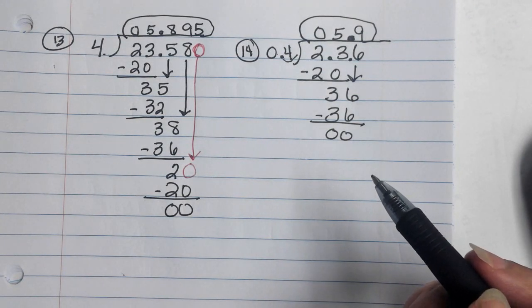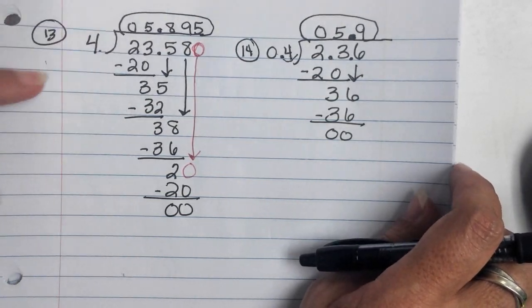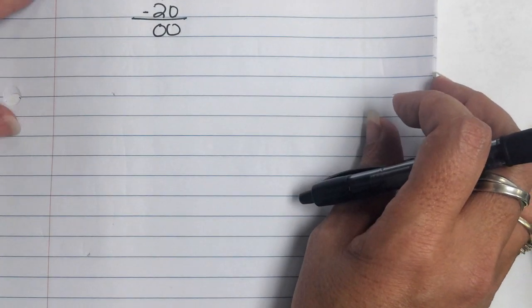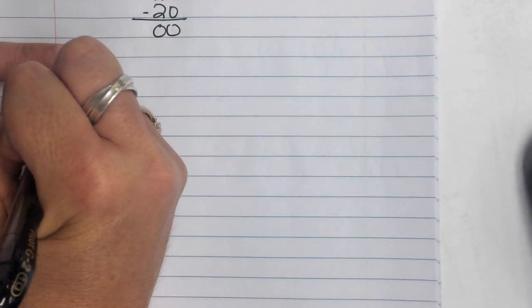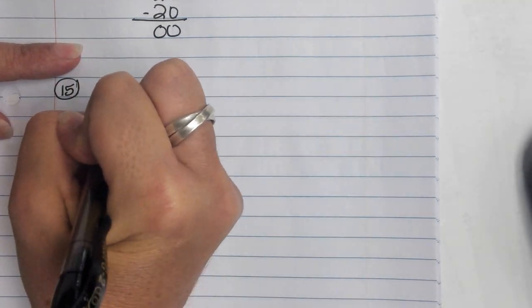That kind of thing. I'm going to show you how to set up 15 and 16. I don't want to work them, but I do want to just make sure you're on the right track with these decimals. On 15, it looks like this.